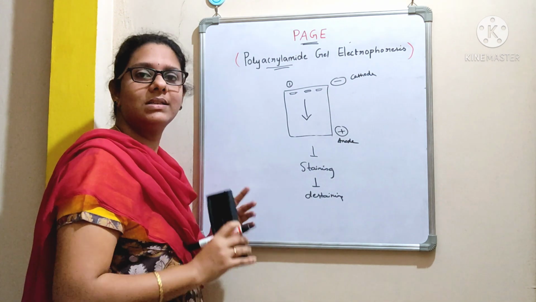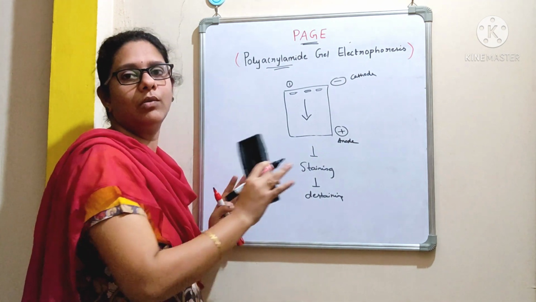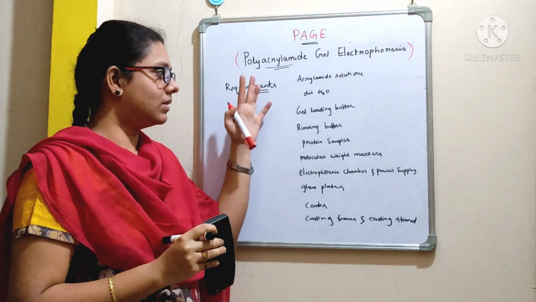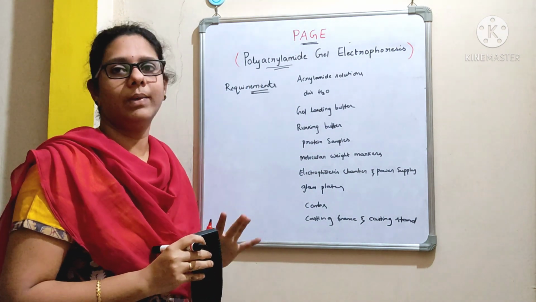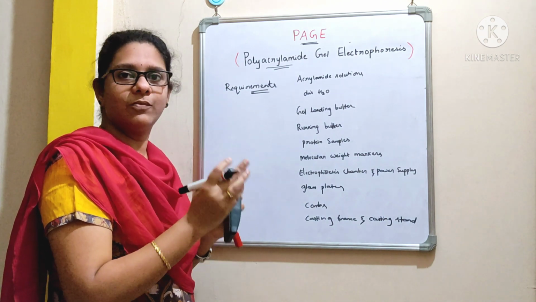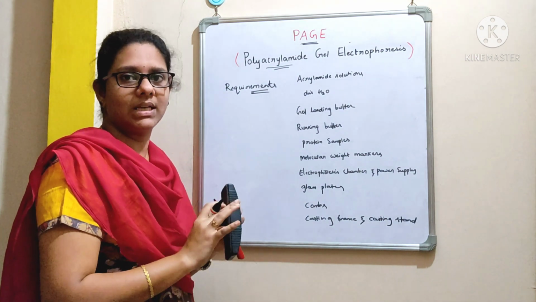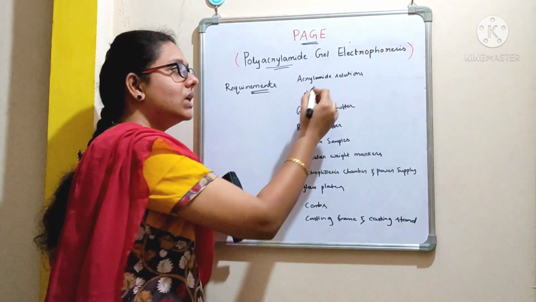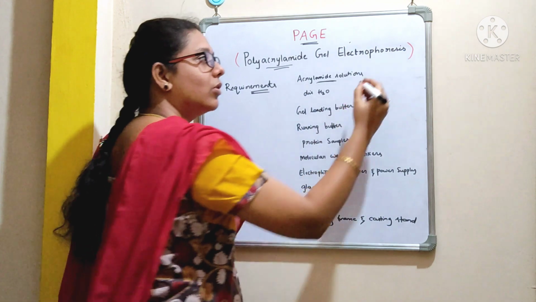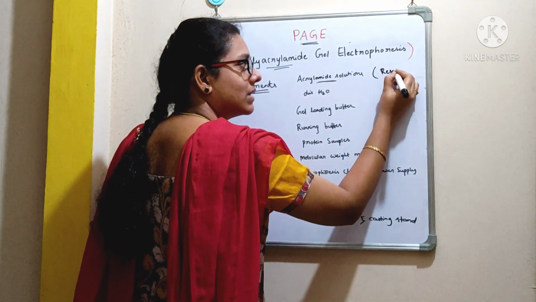Right, now let's discuss the requirements and the steps involved in this procedure. Coming to the requirements, these are all required to perform SDS PAGE. I already told you that the polymerization of the gel is formed by the acrylamide and the bisacrylamide solution. So you need these acrylamide solutions to cast a gel, that is for both the resolving gel and the stacking gel.